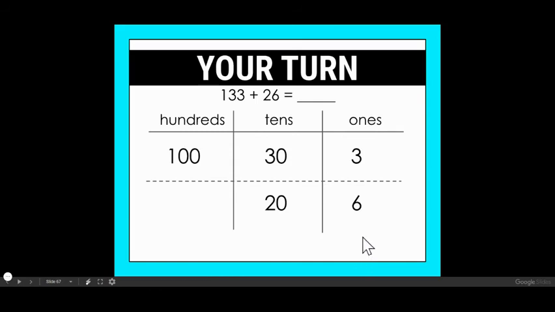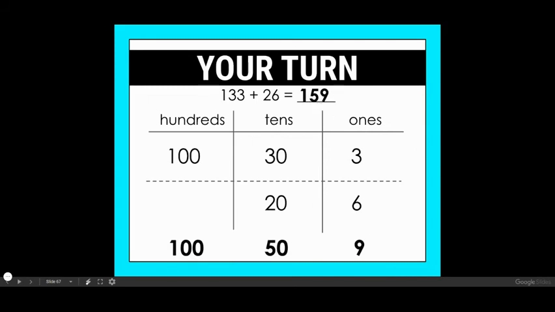Write your answer right down here. Now you're going to add together your tens. Put your answer right down here. And finally, let's add together our hundreds. And you can put your answer right down here. Now you're going to combine your hundreds, tens, and ones together to get your answer. Did you get 159?